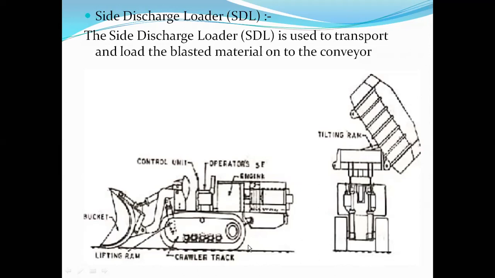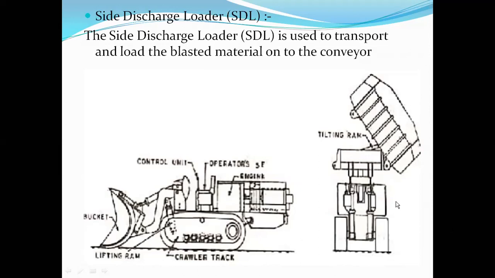That provision is present in case of LSD, whereas SDL doesn't contain it. The SDL will discharge the material onto a conveyor in the sideward direction, because front end unloading is tougher. In case of LSD, the loading and unloading operation is carried out in the forward direction only.